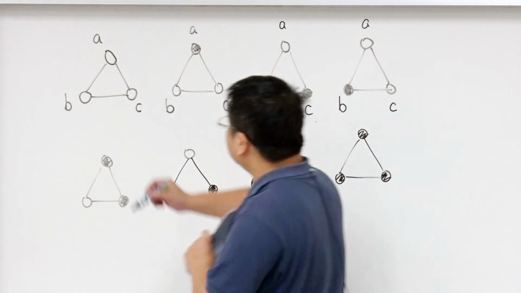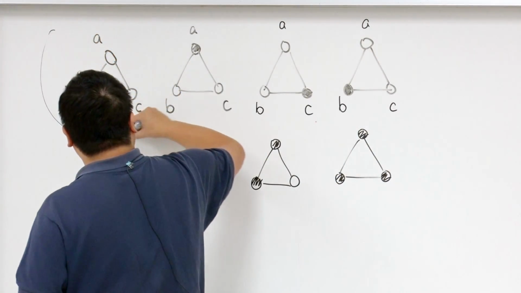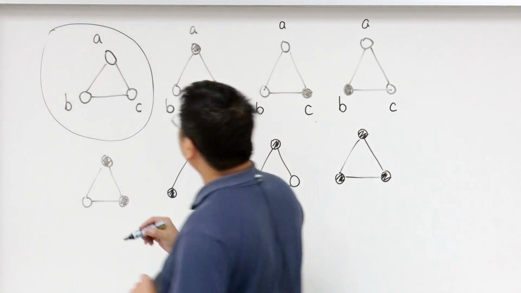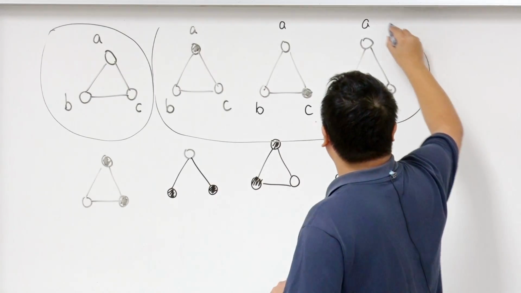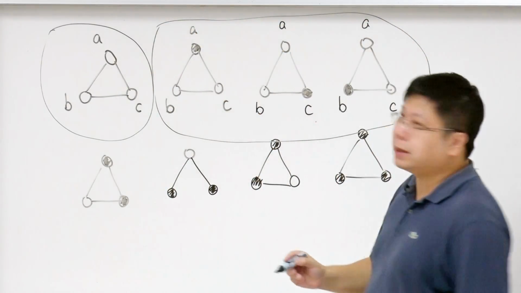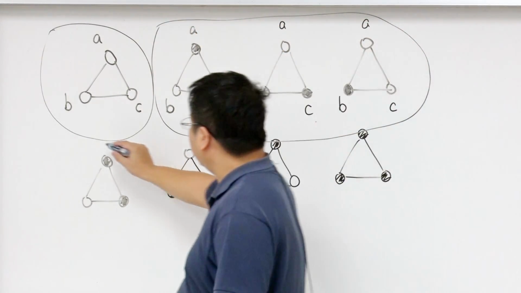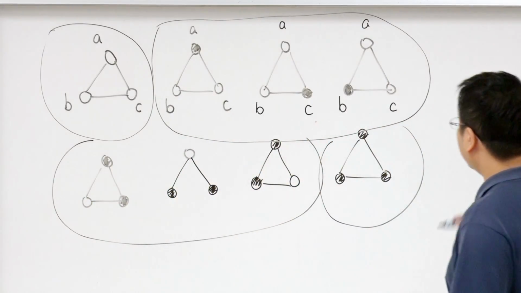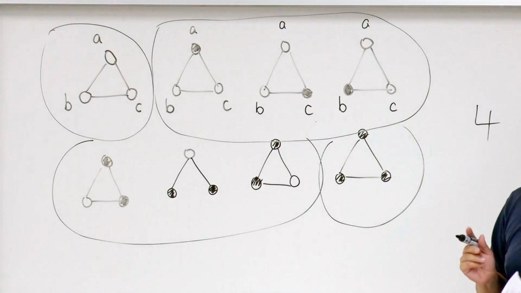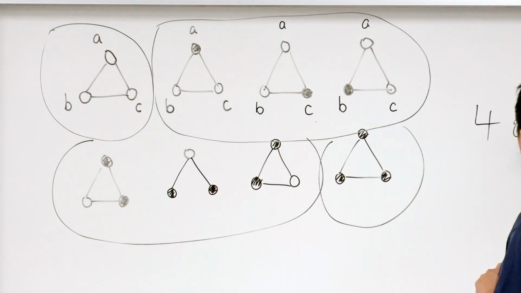If you count, this is one case. And these 3 will be considered as another case, and these 3 as another case, and this is one more case. So in that sense, we have only 4 distinct configurations.